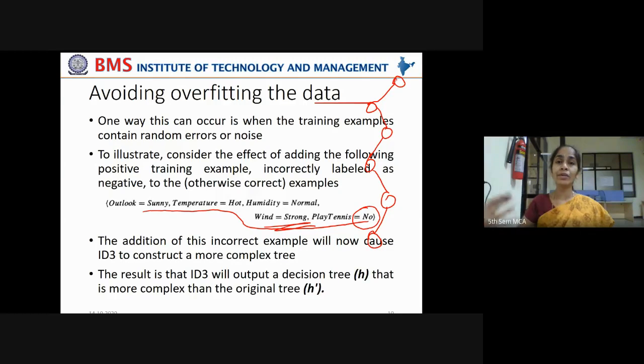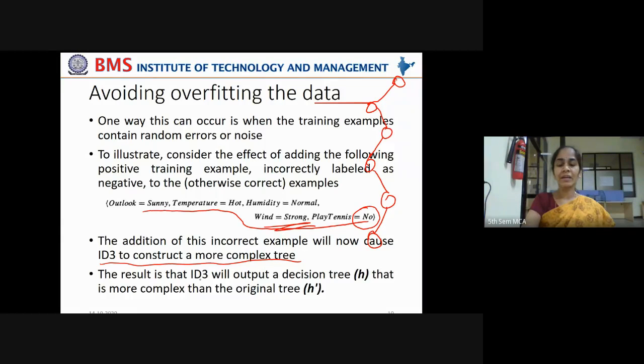Your tree is growing complex. It is accommodating every possible combination. Now, when a new data point is given with a combination near to it, it will predict wrongly, right? It can't generalize well. The addition of this incorrect example will now cause ID3 to construct a more complex tree. That is what I said.